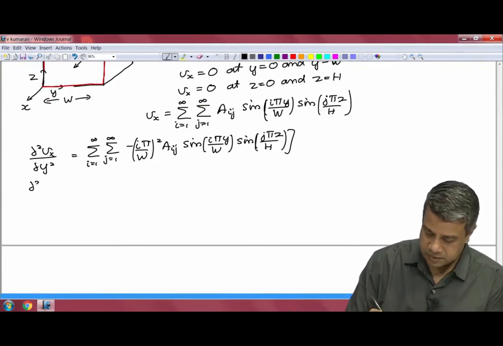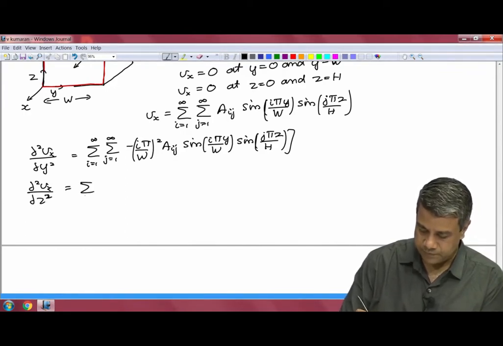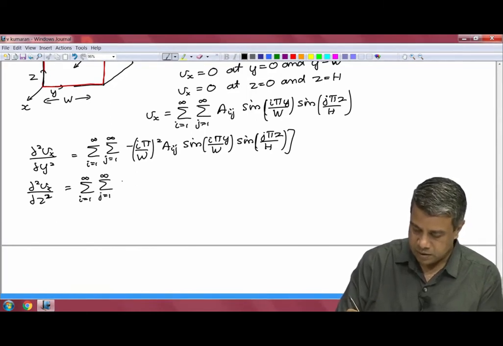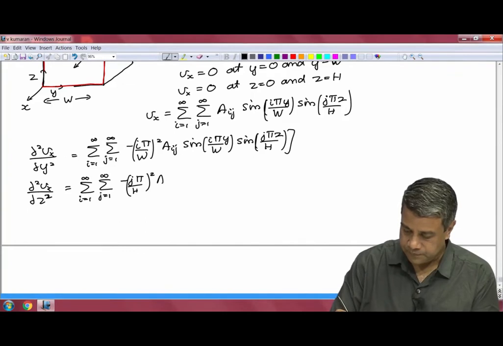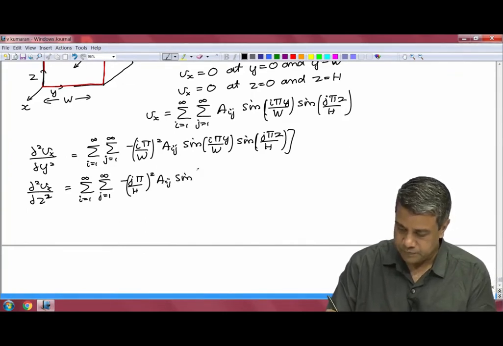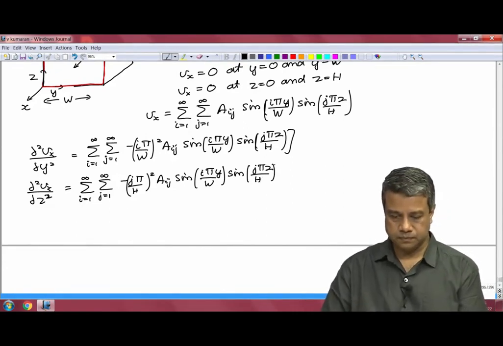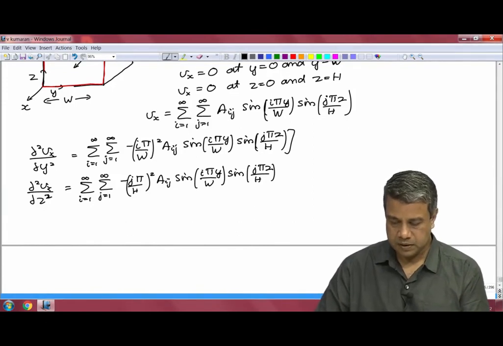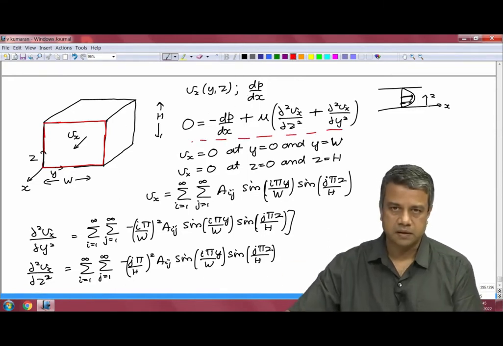Similarly, the second partial derivative of Vx with respect to z is equal to minus (j pi by h) the whole square. Now I substitute that into the momentum conservation equation here.